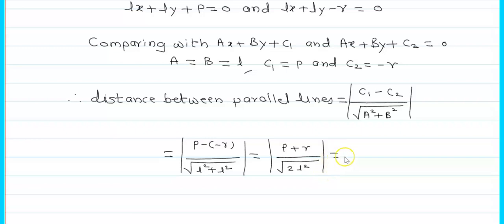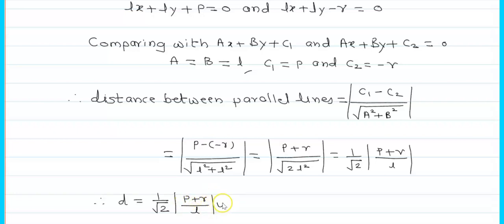If you take its square root, then you will get 1 upon root 2, in bracket p plus r upon L. And therefore the distance between the two parallel lines is 1 upon root 2 into p plus r upon L units.